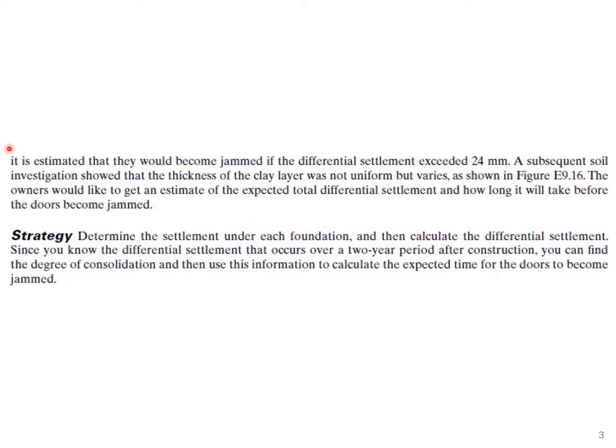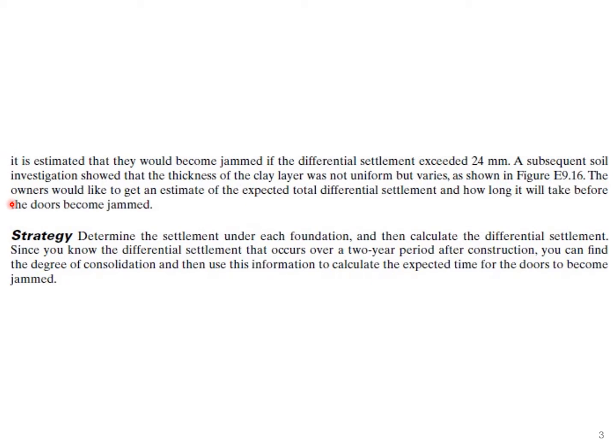A subsequent soil investigation showed that the thickness of the clay layer was not uniform but varies, as shown in the figure that I showed on the previous slide. The owners would like to get an estimate of the expected total differential settlement and how long it will take before the doors become jammed.